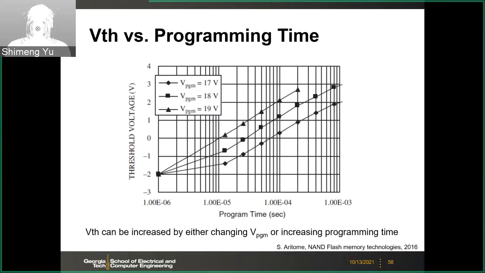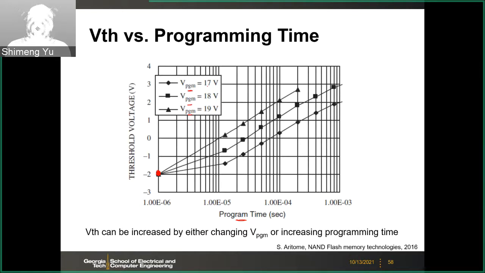Here we show the VTH initially after the erase, typically a negative value, like negative 2 volts in the NAND flash. Then you can increase the VTH by controlling the programming time and also the programming voltage.